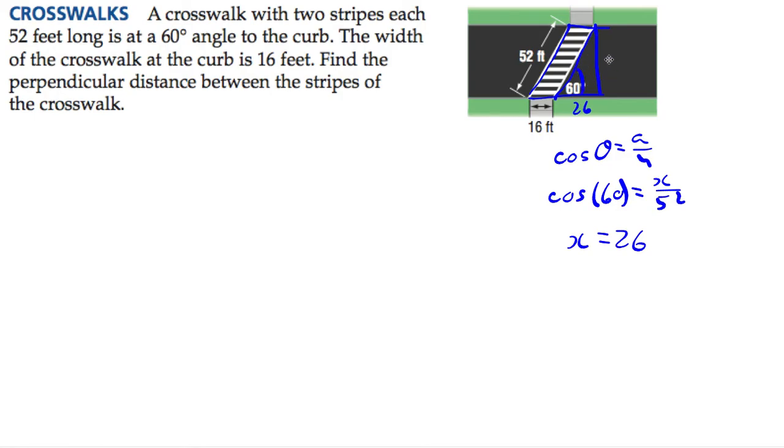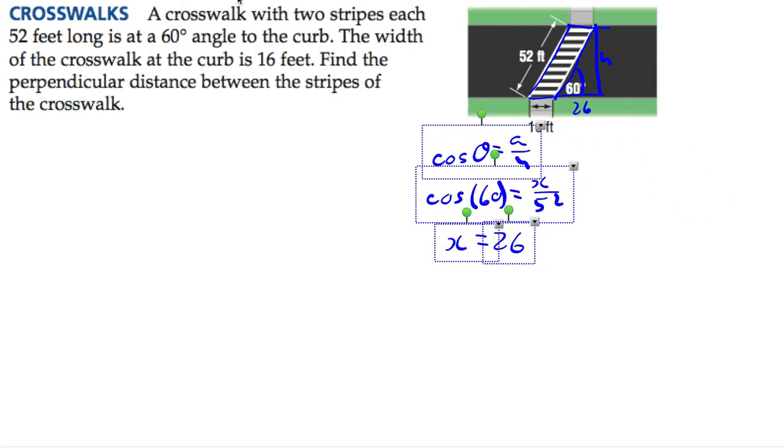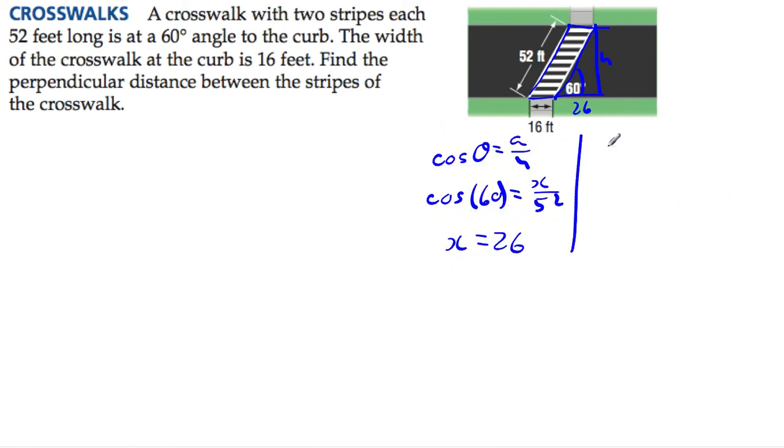So what I want to figure out now is this height. And I can do that with the sine. So the sine of theta is equal to the opposite side over the hypotenuse. Let me call this height the opposite side. So the sine of 60 is equal to the opposite side over the hypotenuse, which is 52, as we said.